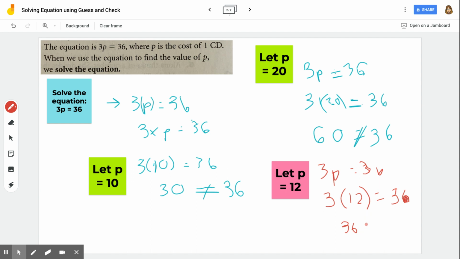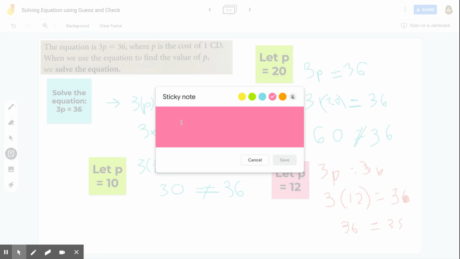So if I let p equal 12, it will give me 36. So therefore, the value of p will equal 12. Let's write that. Therefore, the value of p is 12.